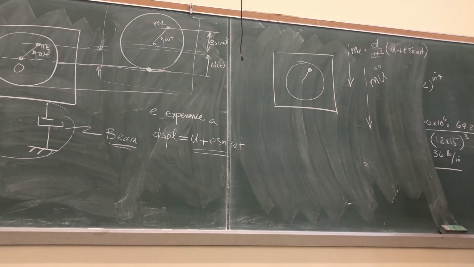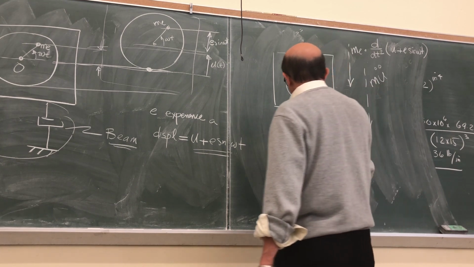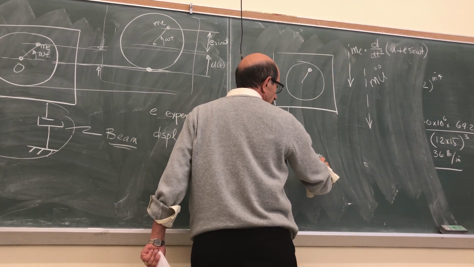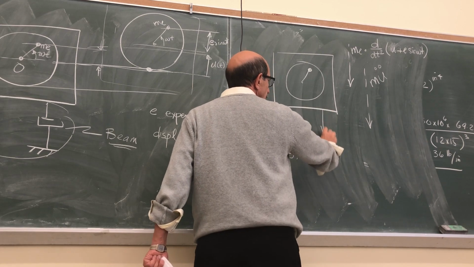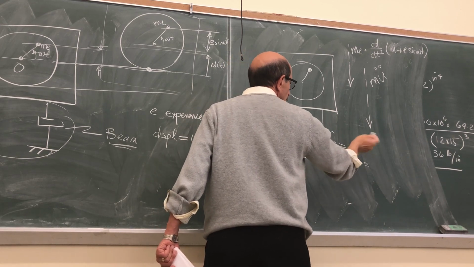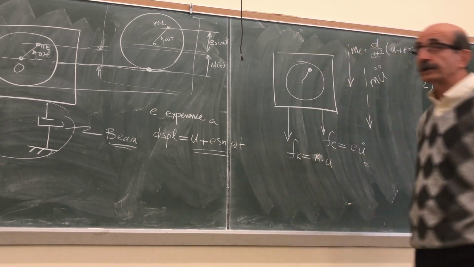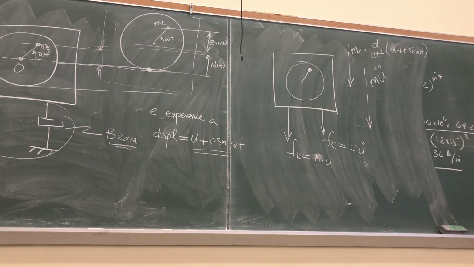Then you have F sub k, which would be simply k times u, and F sub c, which would be simply c times u dot. So that's the free body diagram.